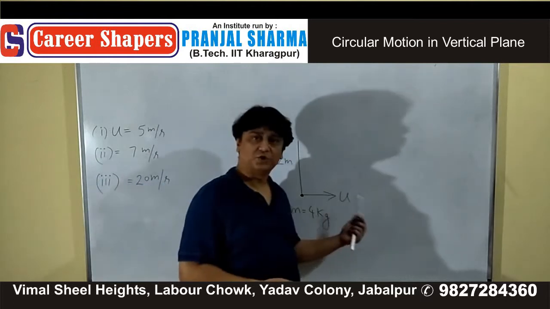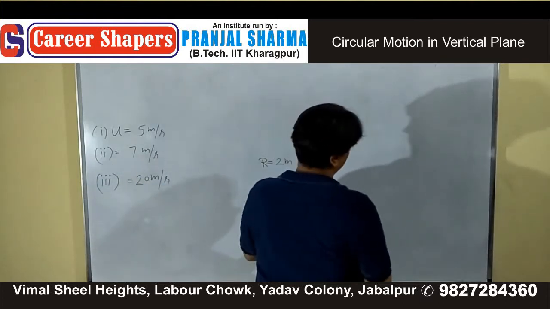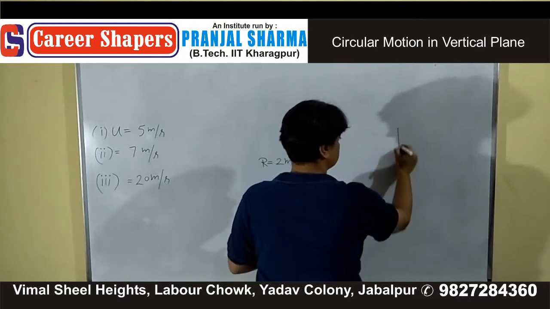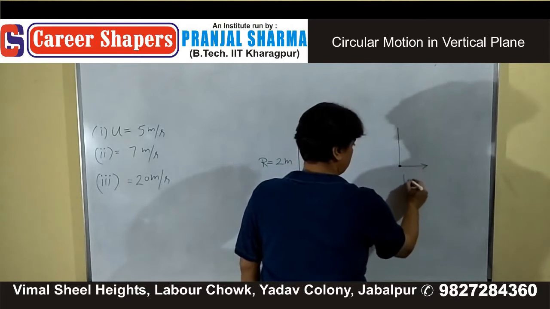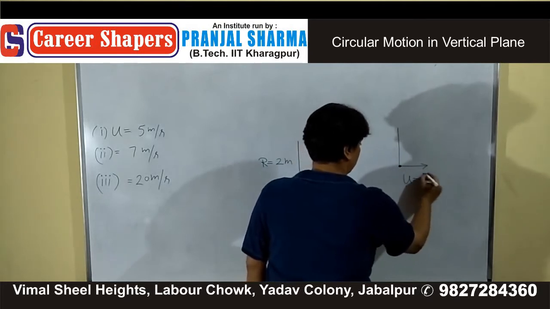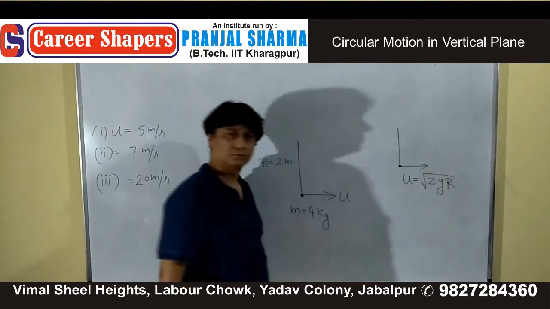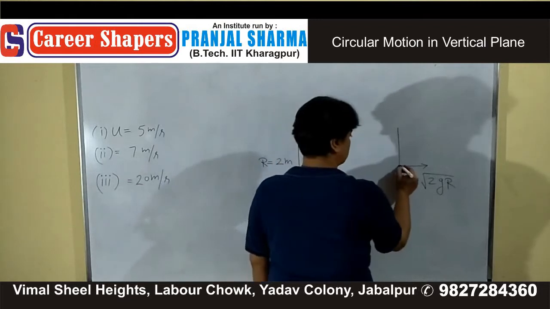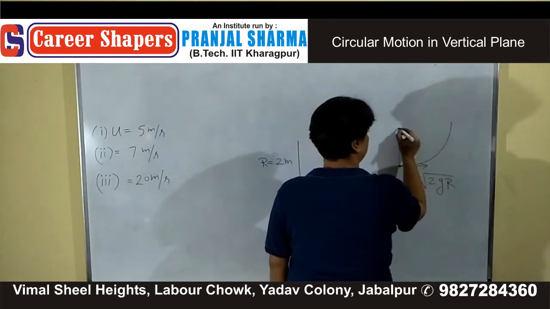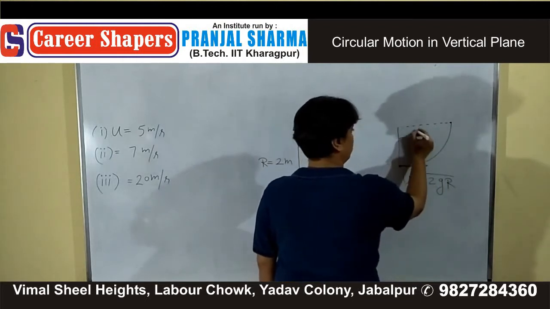Whenever you are given a question like this, the first thing you need to know is this: when the velocity at the lowest point is root 2gr, then it completes one-fourth circle.